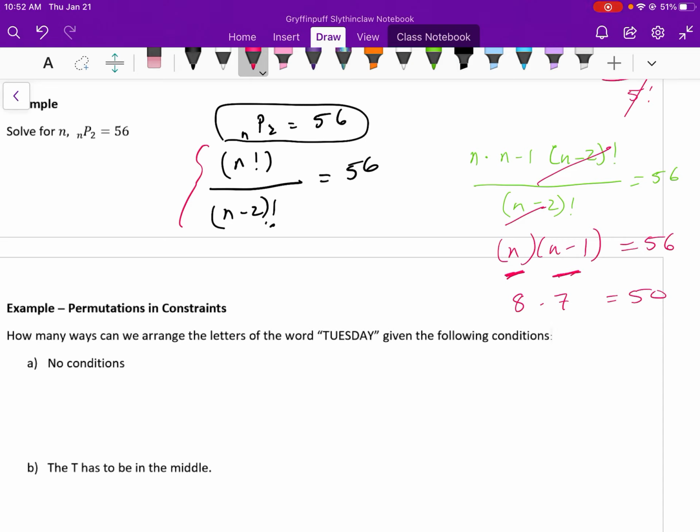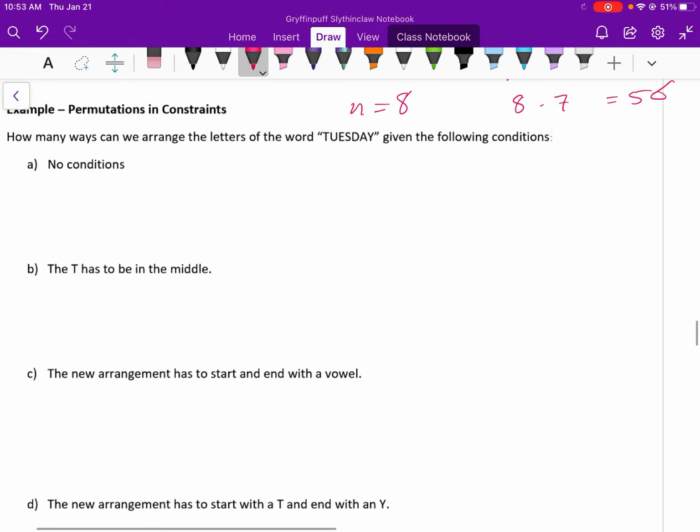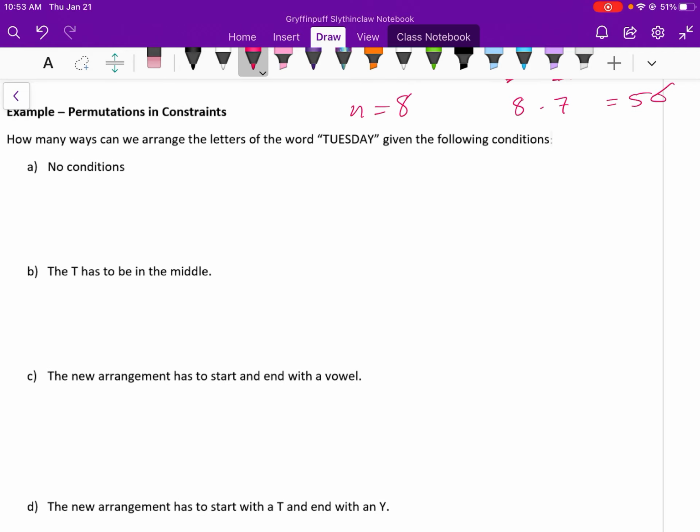What two consecutive numbers multiply to 56? Well, 8 and 7 is equal to 56. You can also factor that or use the quadratic formula, whatever you want, but n is going to be equal to 8.